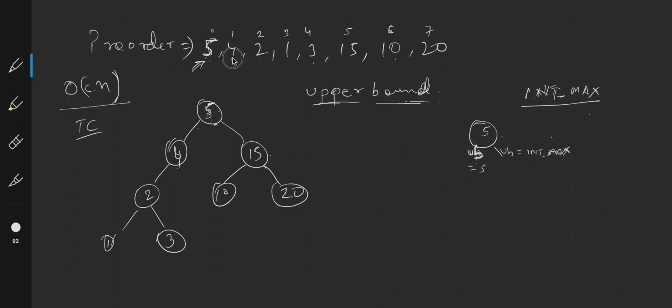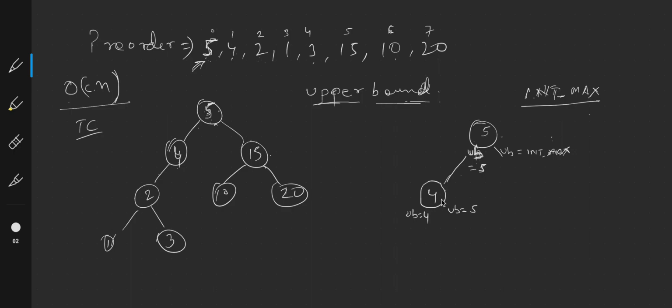So now the next element will come, 4. We'll check whether it is less than upper bound or not. Yes, it is less than upper bound, right? So we'll make it the left child. And upper bound for the left subtree of 4 will become 4, and upper bound for the right subtree of 4 will be 5 only, right?